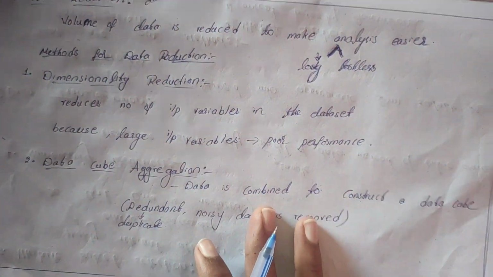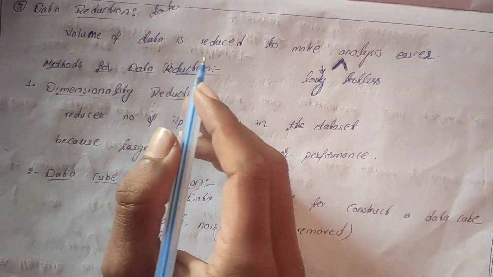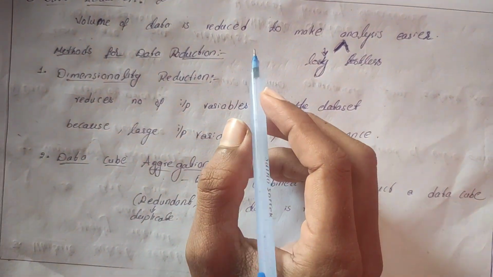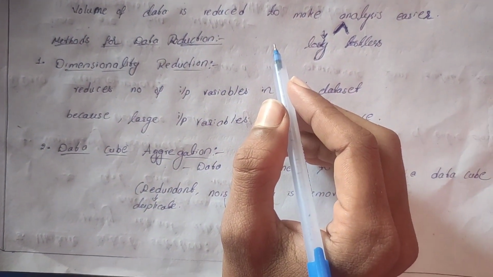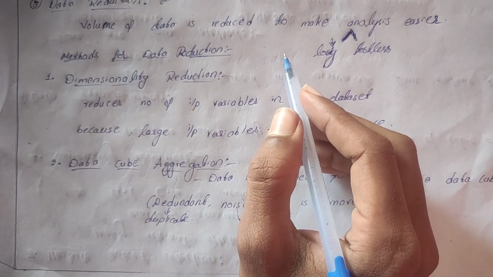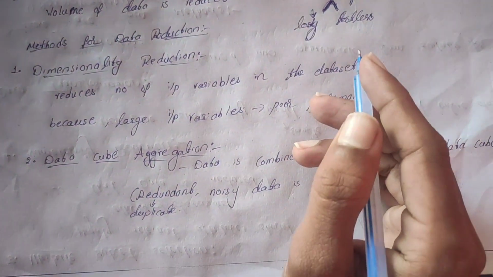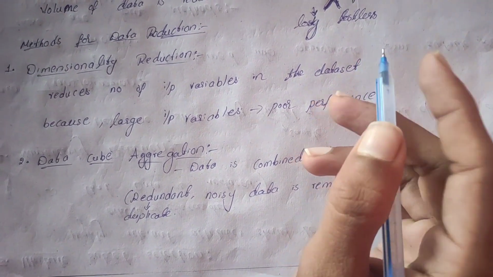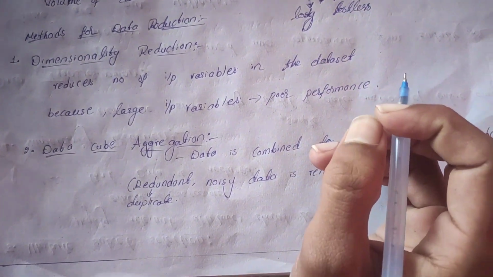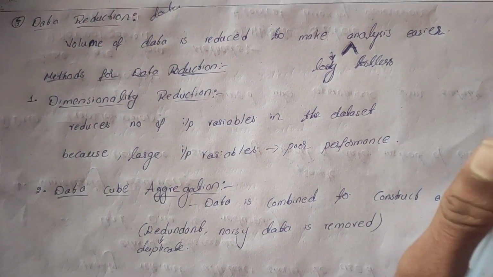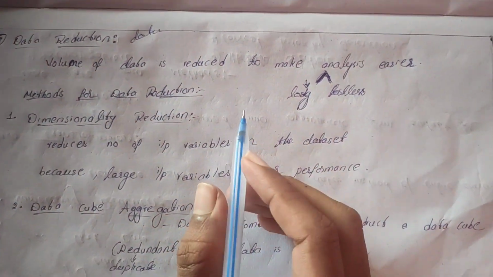Here there are four types of data reduction methods: dimensionality reduction, data cube aggregation, attribute subset selection, and numerosity reduction. We'll discuss these methods first.